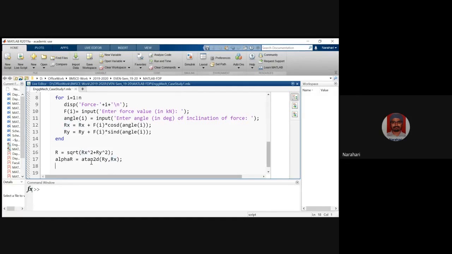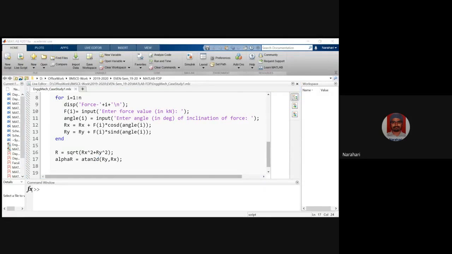It is to do with obtaining theta depending on the quadrant, depending on the sign of Ry and Rx. You will get theta in different quadrants, isn't it? So that quadrant-dependent theta is given by this atan2 function. The D is of course in degrees.